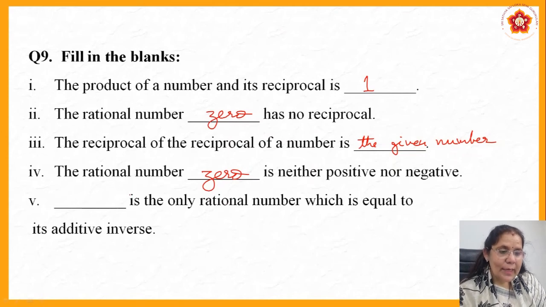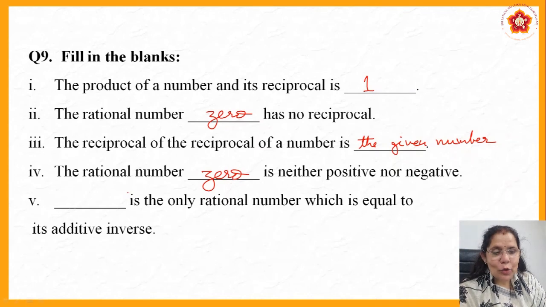Fifth part, dash is the only rational number which is equal to its additive inverse. Now recall what is additive inverse. What should you add to the given number so that the answer is 0? For example, number 1 was there. What is its additive inverse? Its additive inverse is negative of the number, minus 1. Add them.